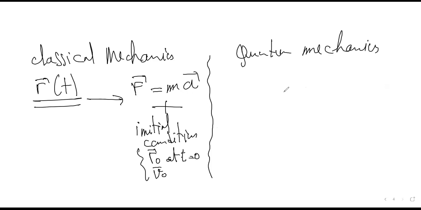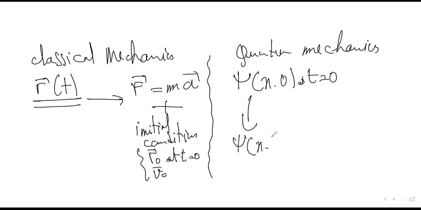Given suitable initial conditions, and typically we use the wave function at t equal to 0, and using the Schrödinger equation, we can determine the psi of x and t for all future time, just as in classical mechanics, Newton's laws determine the position at a given time t for all future time.